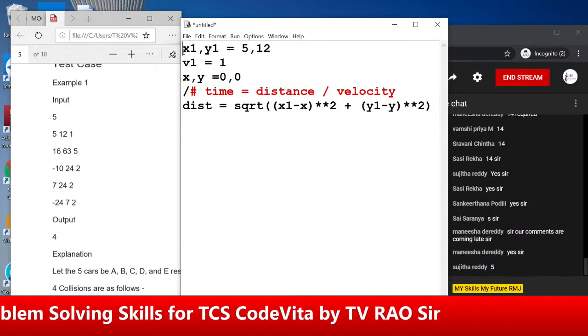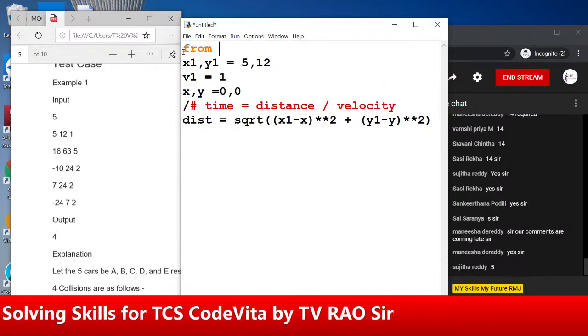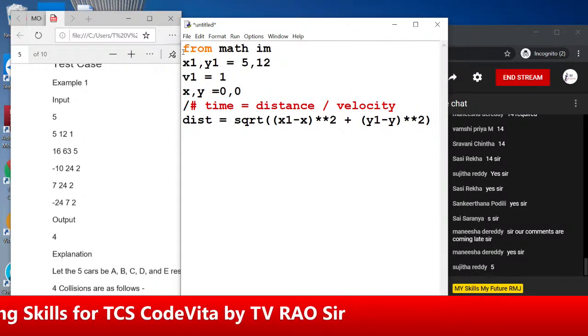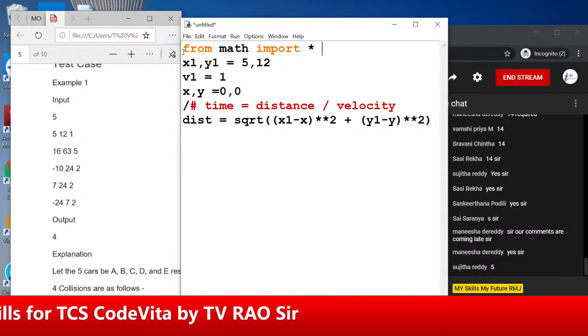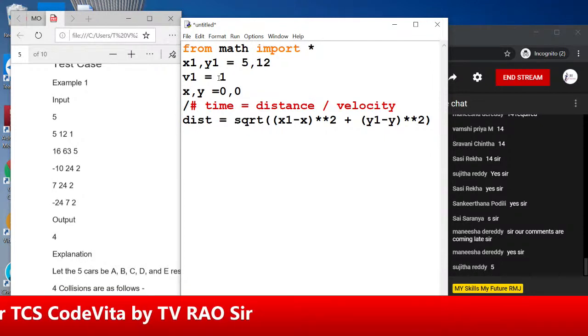For square root, let us take math. Okay, this is distance.